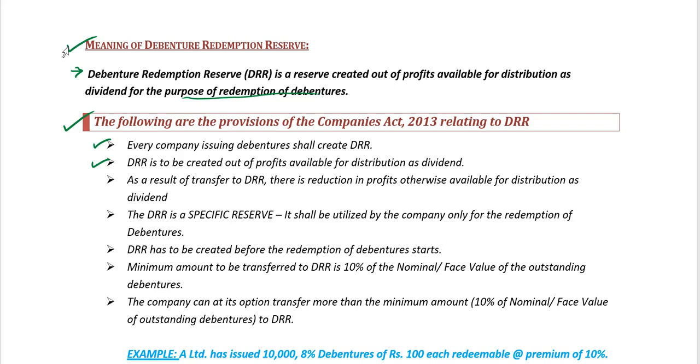DRR is to be created out of profits which is otherwise available for distribution as dividend. As a result of transfer to DRR, there is a reduction in profits available for distribution as dividend. DRR is a specific reserve and can be utilized by the company only for the purpose of redemption of debentures.